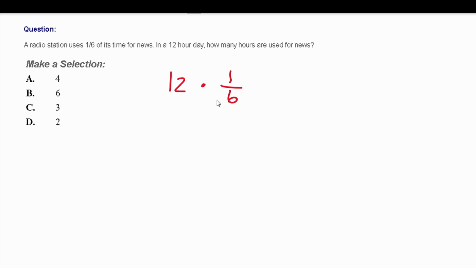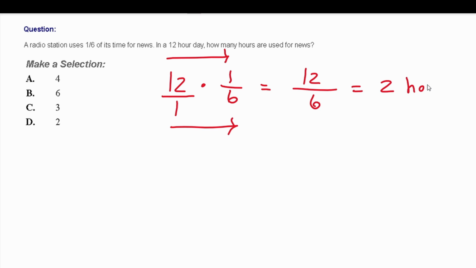As I mentioned, you can rewrite whole numbers as fractions by placing them over 1, and then you just multiply straight across. So this becomes 12 times 1, which is 12, 1 times 6, which is 6. 12 divided by 6 is 2.